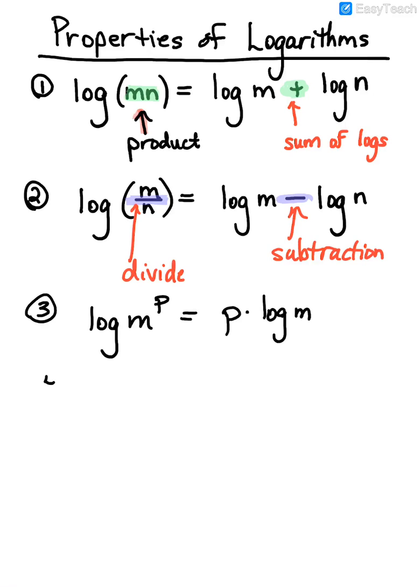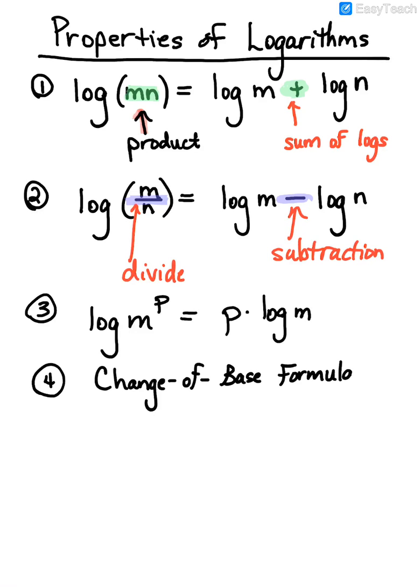And then finally, the fourth property is more of a formula that you may or may not need based on your calculator. It is called a change of base formula.